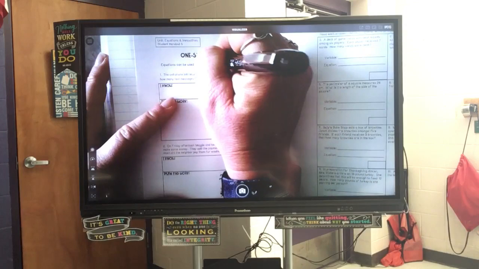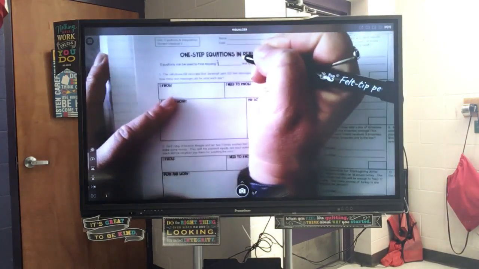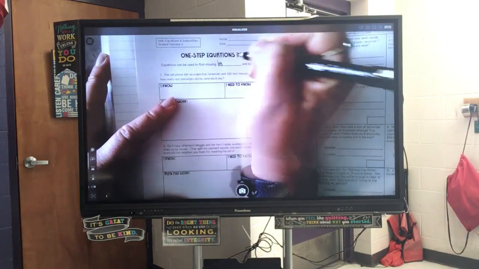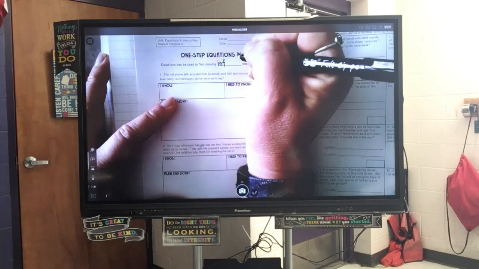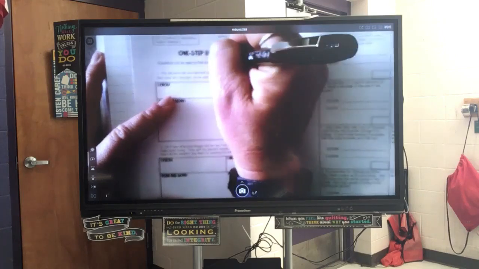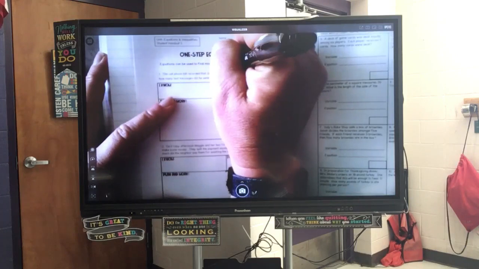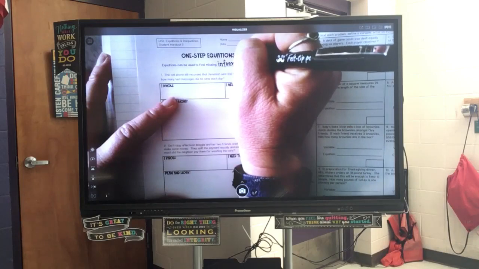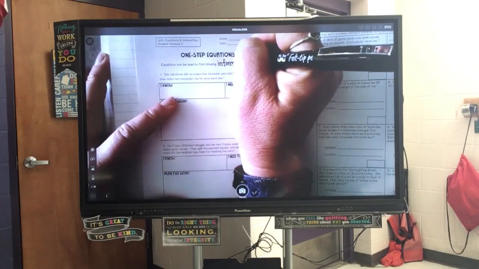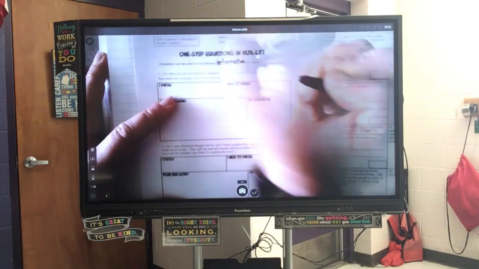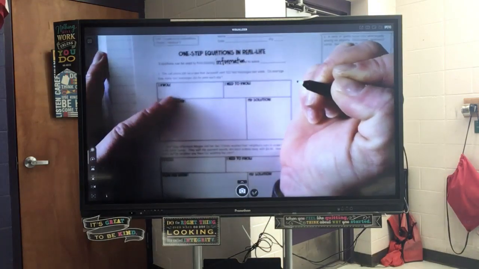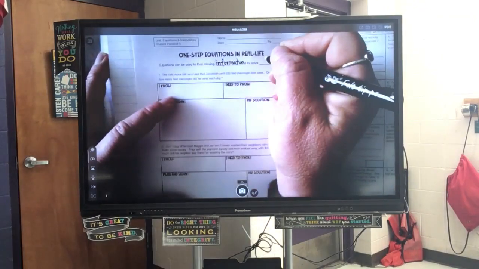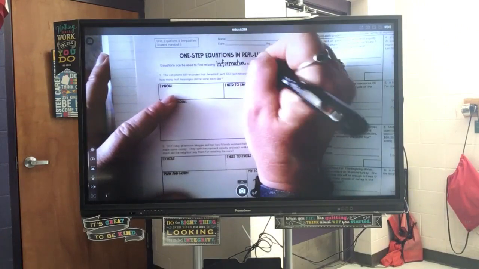Not variables, but what? Inequalities? No. Inference. And for information and problems. Equations can be used to find information and to solve problems.